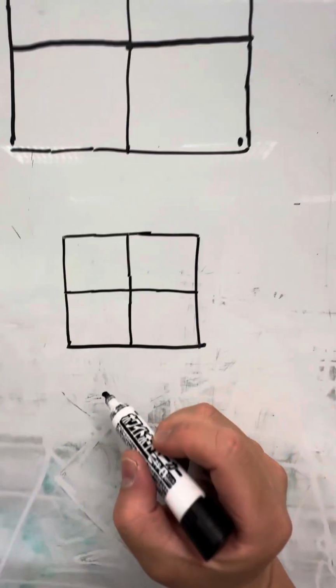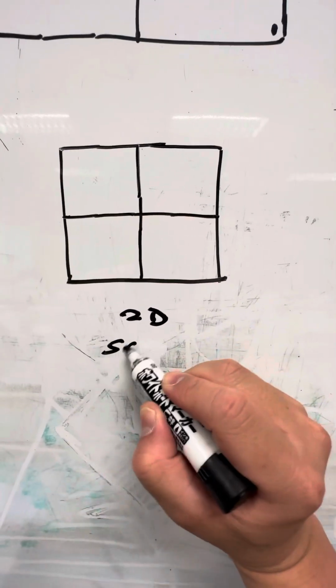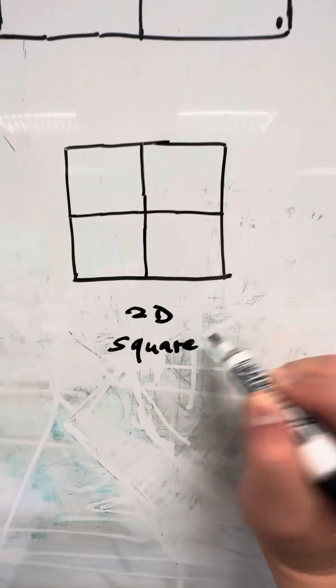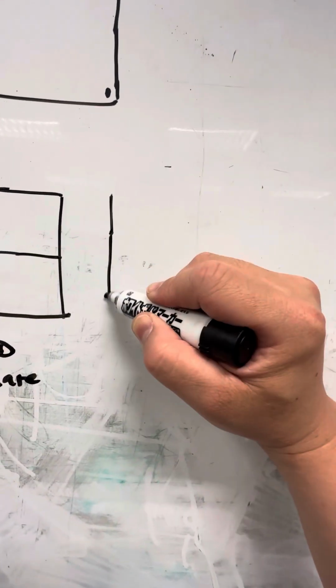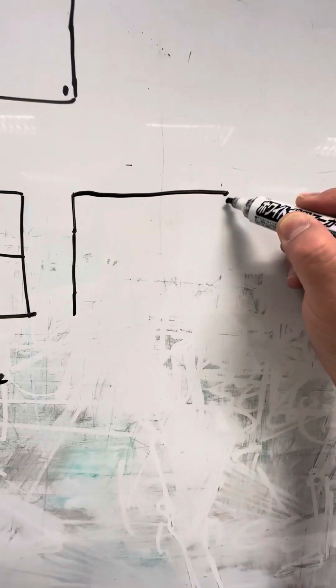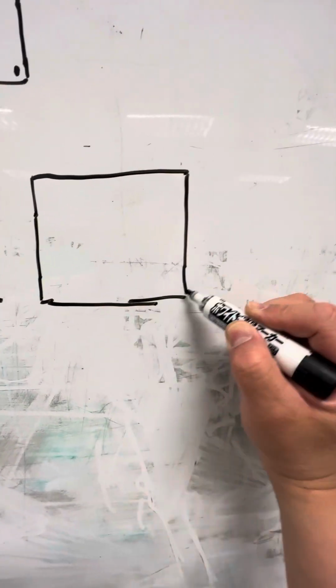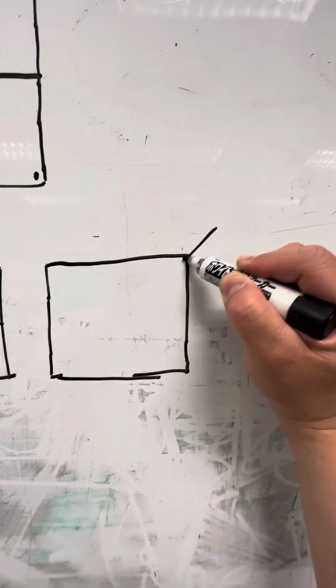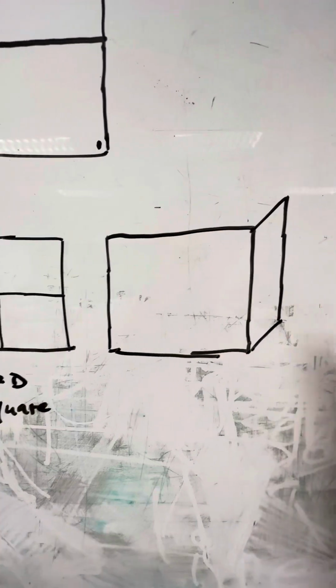Next, this is 2D, right? A 2D square. Now if I do the same thing in 3D, probably you guess that it will be a cube, right? Meaning that it goes dimensionally.